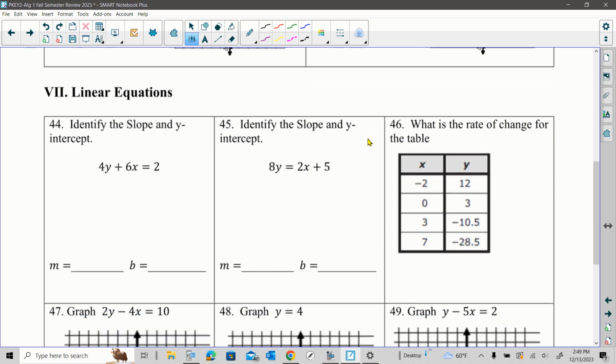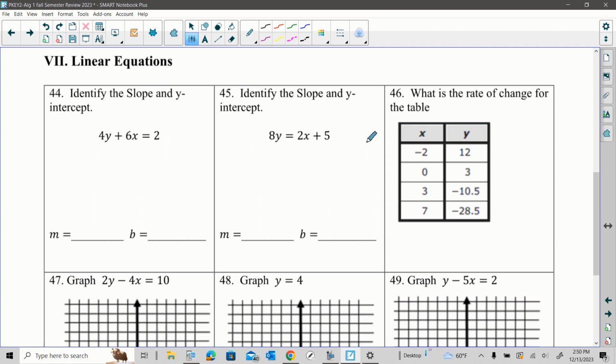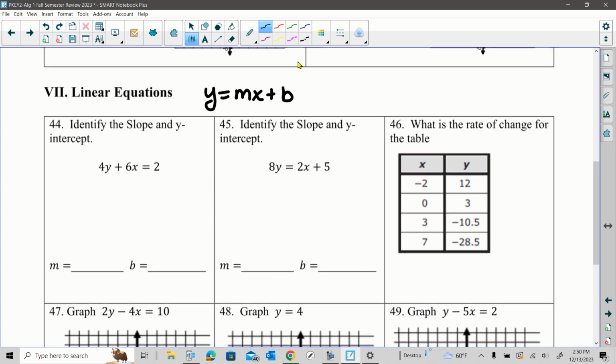So to wrap it up for our third check, we need to remember parts of linear equations, which is our y equals mx plus b form. There's two things we really want to focus on.